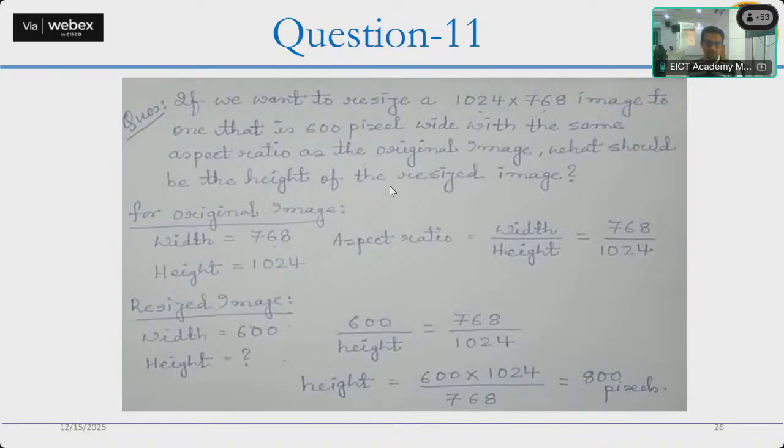What should be the height of the resized image? It has been shown here. Aspect ratio is there. So when you calculate the height, it is height into width. It is showing this one. Width is given.